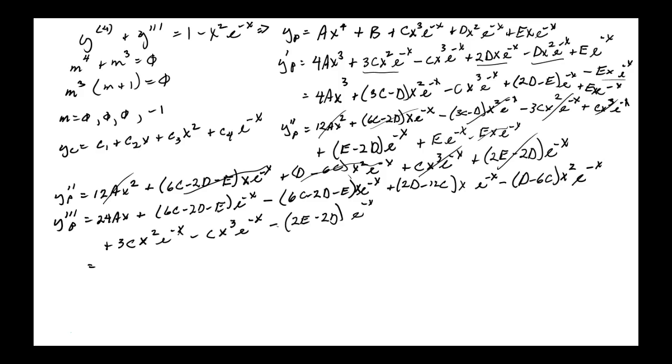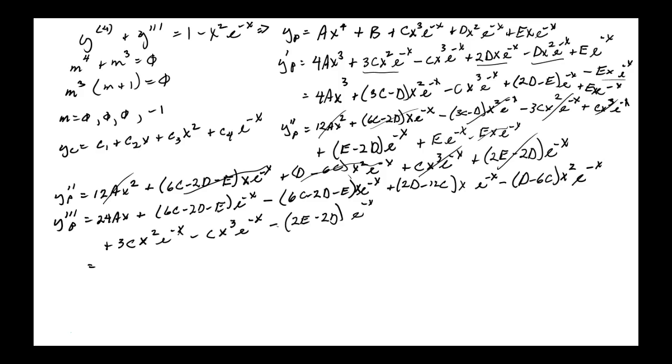And then that single term there just became 3c x squared e to the minus x. That's the first part derivative minus cx cubed e to the minus x. So that has these two parts. And then this part, this is just a constant times e to the minus x. So that's just going to be minus that constant by e to the minus x. Okay. Now we got to see if we can combine anything.